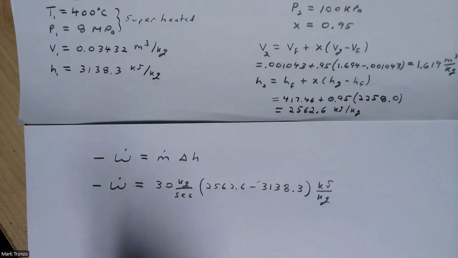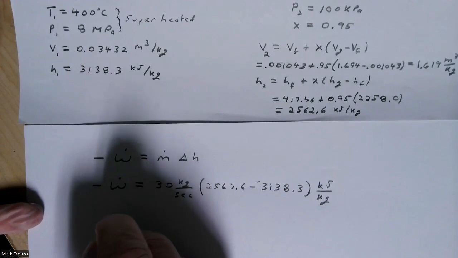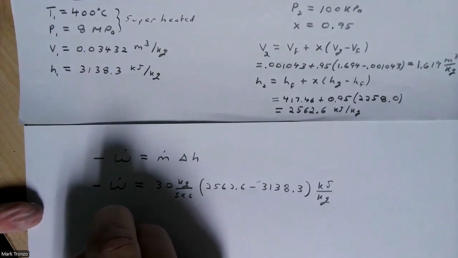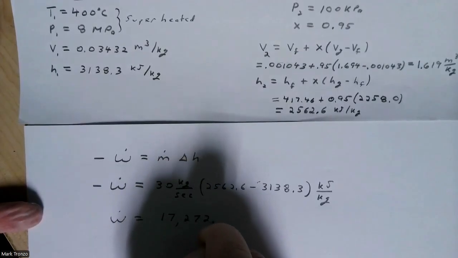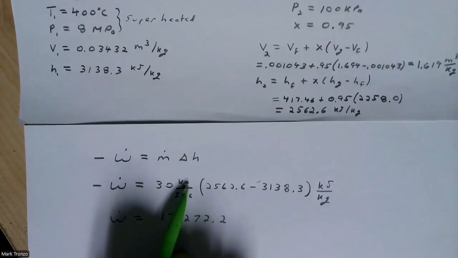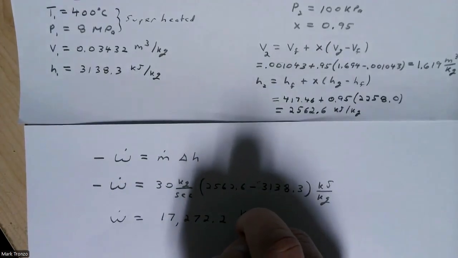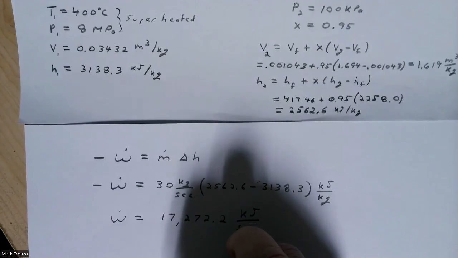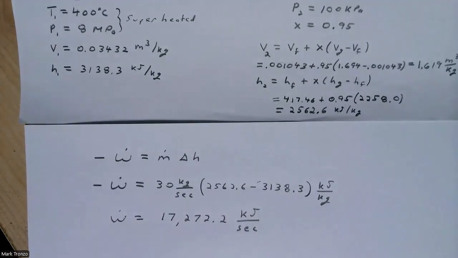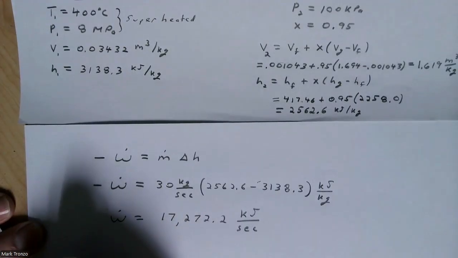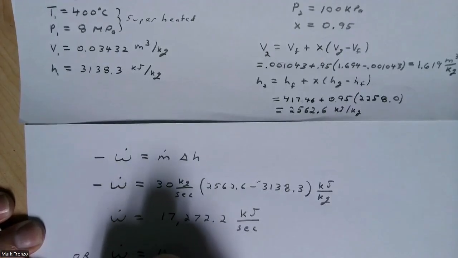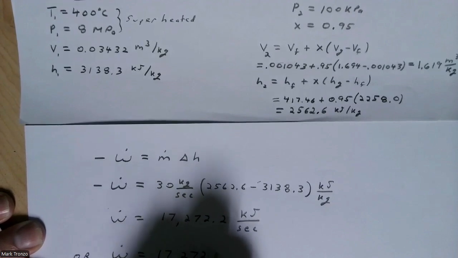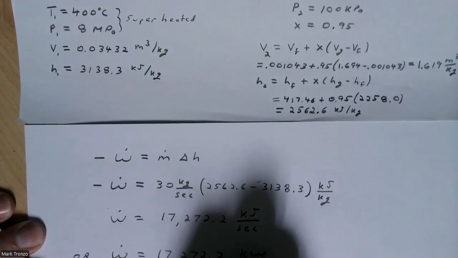But then we multiply by this negative, so it becomes a positive. The kilograms are canceling, so that's kilojoules per second, or 17,272.2 kilowatts.